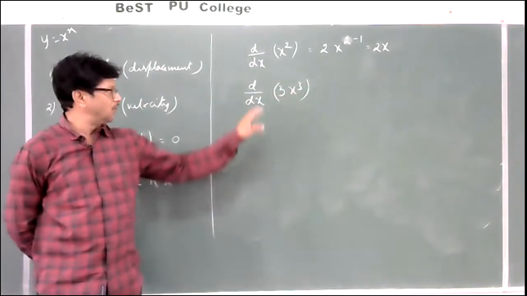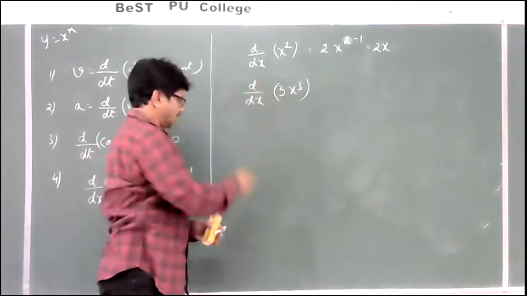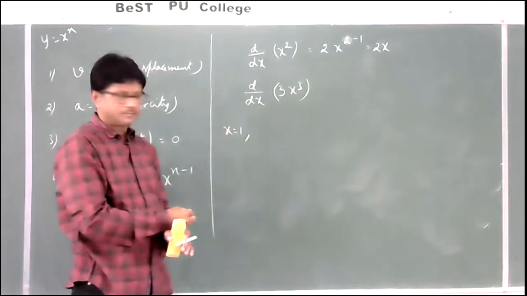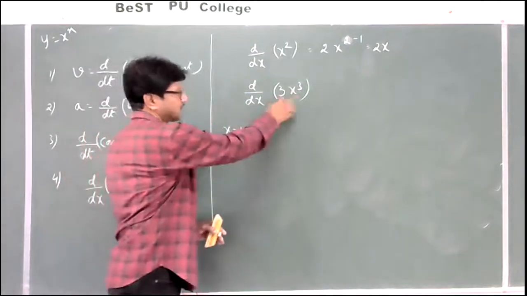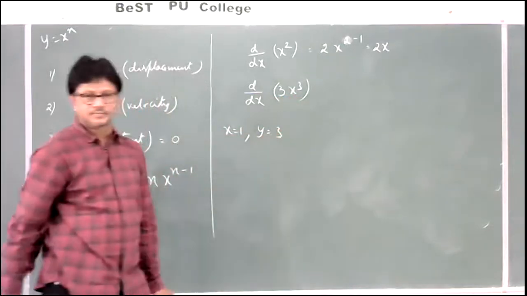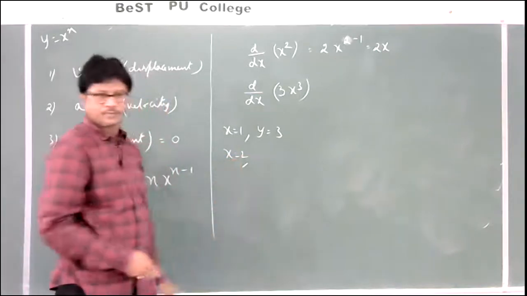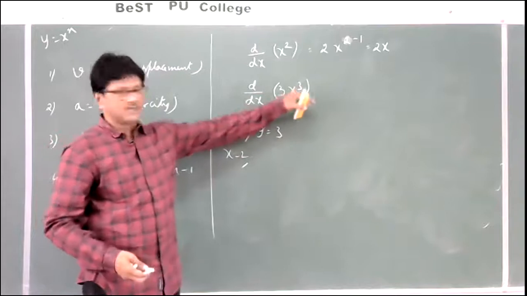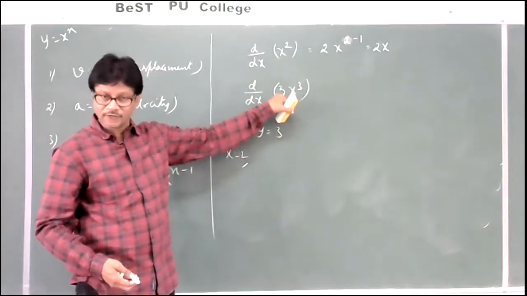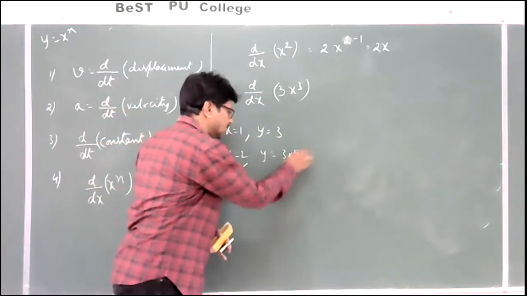For example, if you take the x value as 1, y is 3x cube, so the y value is 3. If you take the x value as 2, 2 cube is 8, 8 into 3 is 24, so I will write y as 3 into 8.